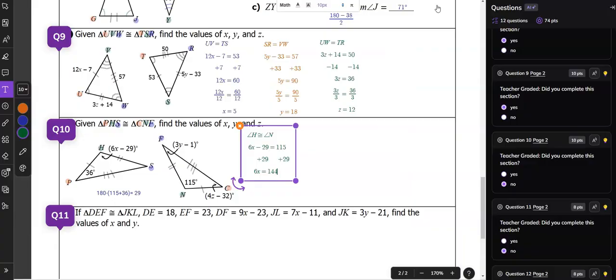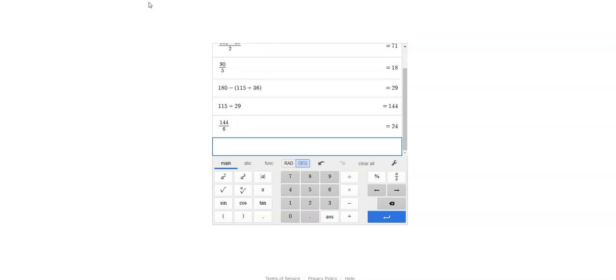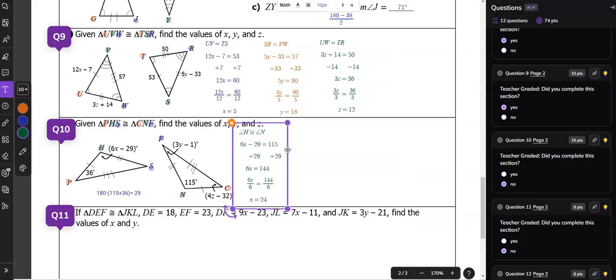Okay, and then I'm going to divide both sides by 6, which will give me an answer for x equals 24. And make sure you have that one copied down.